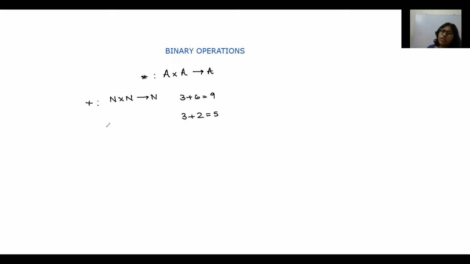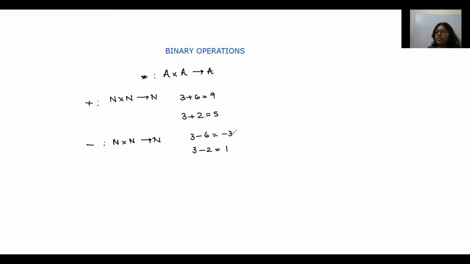So it's a binary operation. Addition is a binary operation on integers. It is a binary operation on rational numbers. It is also a binary operation on real numbers. But if we talk about subtraction on natural numbers, the answer may or may not be a natural number. Take for example this 2, as we did in the earlier one.